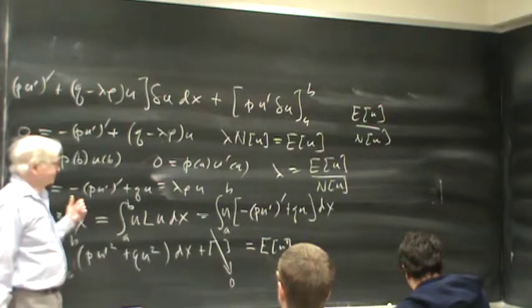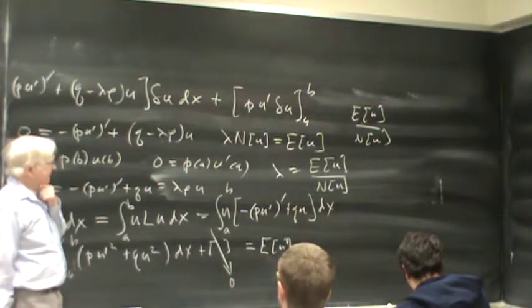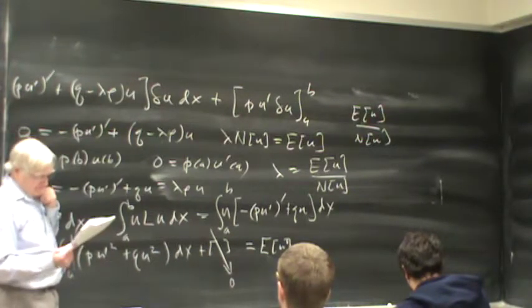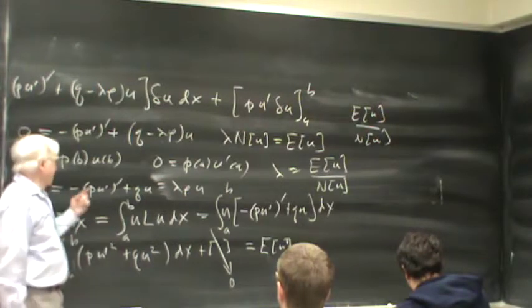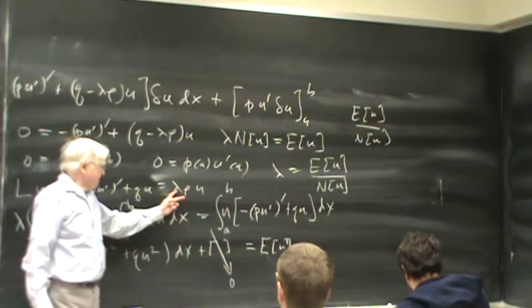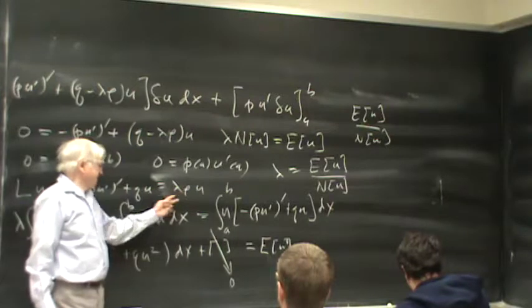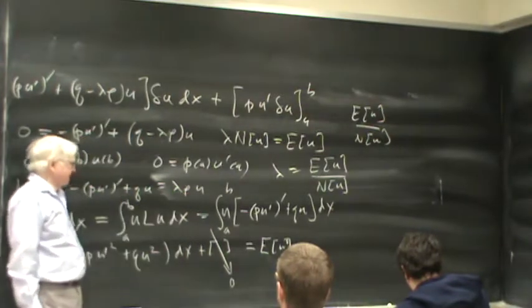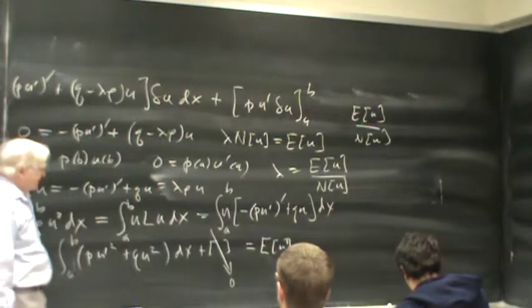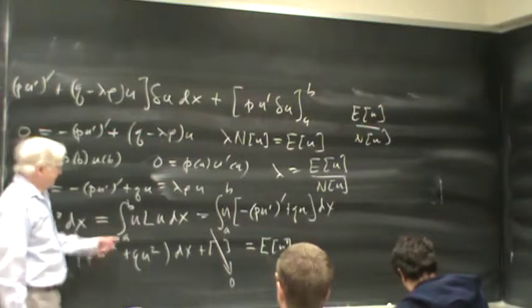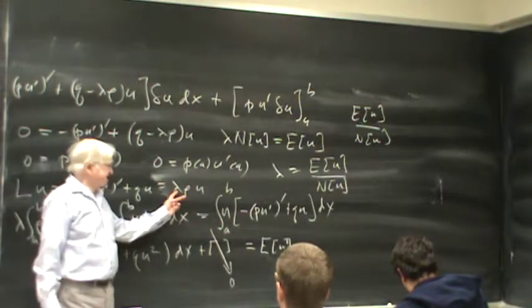So only for certain lambdas will there be a solution here that is normalizable, and there'll be a least eigenvalue.